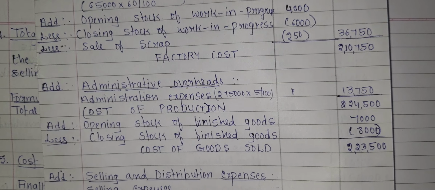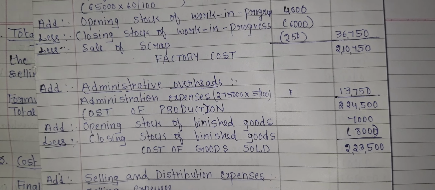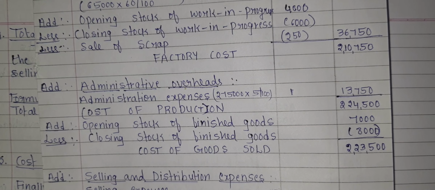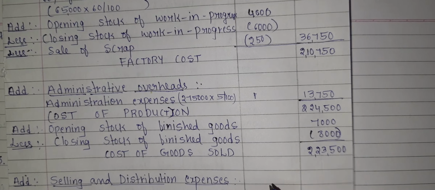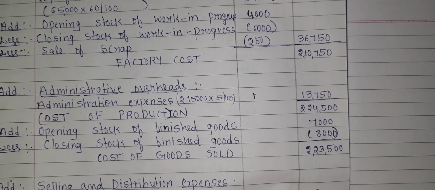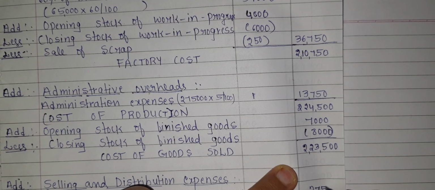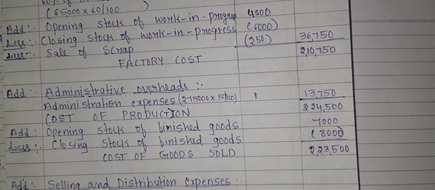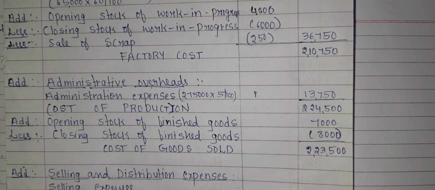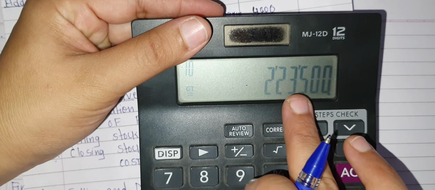2,75,000 into 10%, 10 divided by 100. How much? That is equals to rupees 27,500. So our cost of sales or total cost, that is equals to 2,23,500.